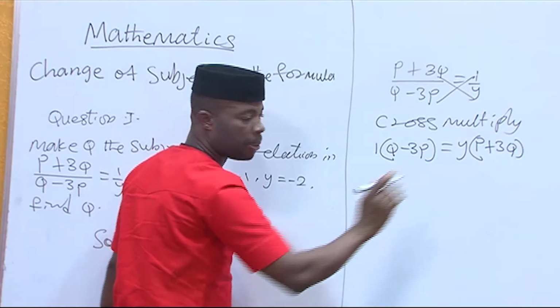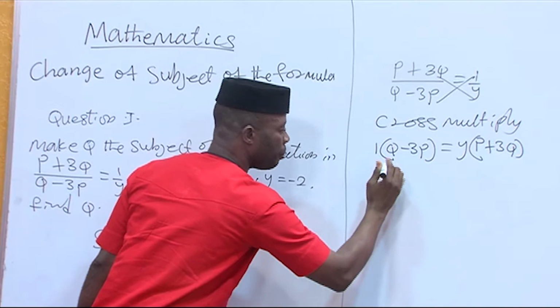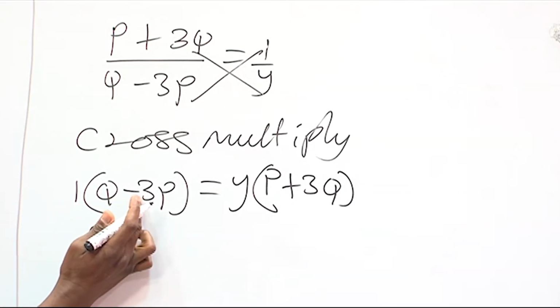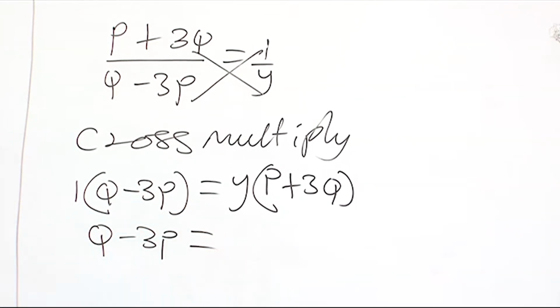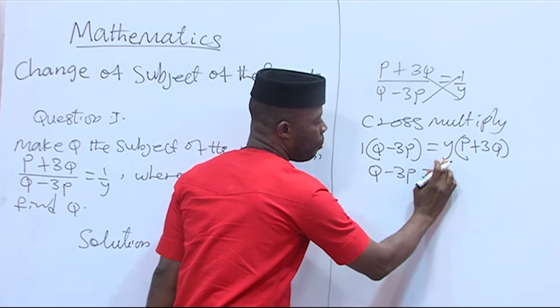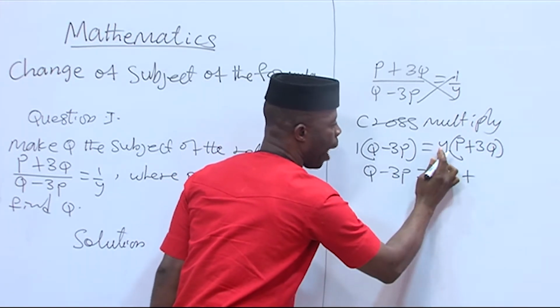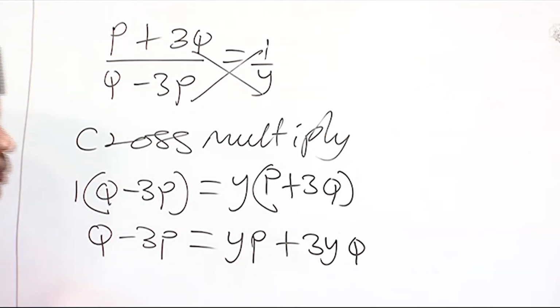Now we open the bracket. 1 times Q is Q. 1 times minus 3P is minus 3P, equals Y times P is YP plus Y times 3Q is 3YQ.